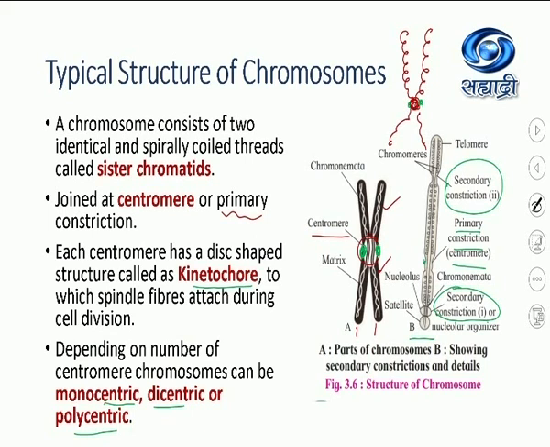Now in this chromosome, above the secondary constriction there is a region which is called the satellite. This is the satellite. This secondary constriction is also called the nucleolar organizer because it plays an important role in the synthesis of the nucleolus. I hope you know what a nucleus is. This is a cell. This is the nucleus.